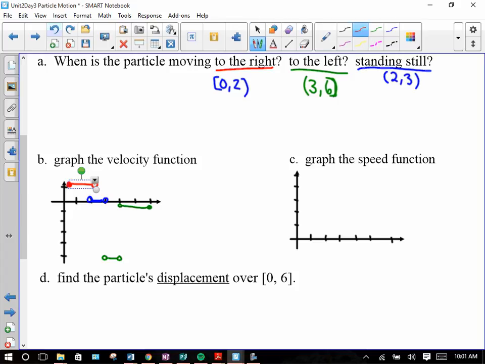Alright, so we know that it is positive 1 from 0 to 2. It is 0 from 2 to 3.